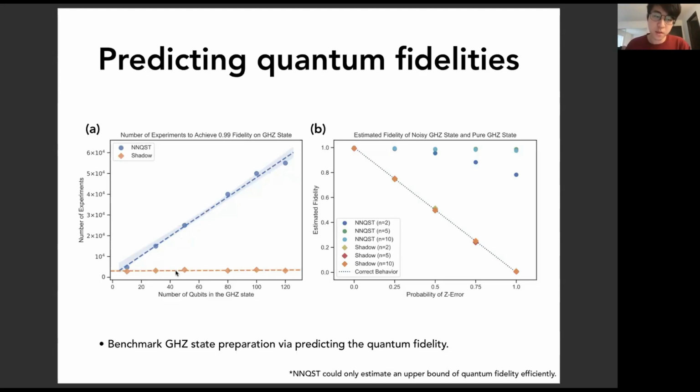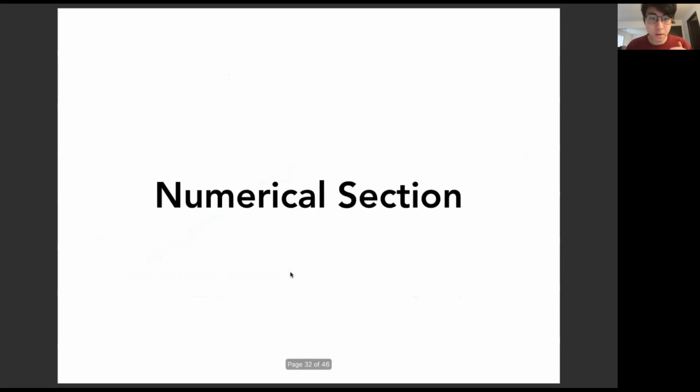We consider different system sizes and the number of experiments needed to achieve 0.99 fidelity on the GHZ state. You can see that neural network quantum state tomography is performing really well, only scaling linearly in system size rather than exponentially. However, classical shadow only requires a number of experiments that scales as a constant.